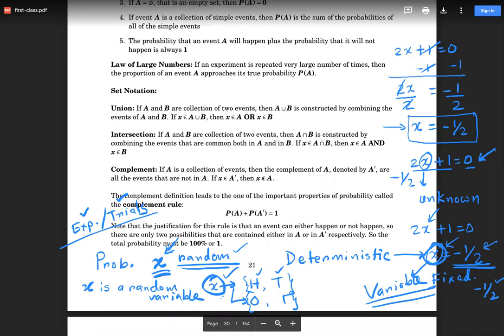You can give a vaccine, so X could be either 0 or 1. 0 means ineffective, 1 means effective vaccine. And you do not know what the value of X is going to be until you give the vaccine to the patient and observe the patient.